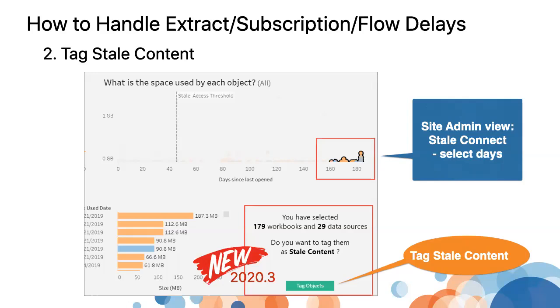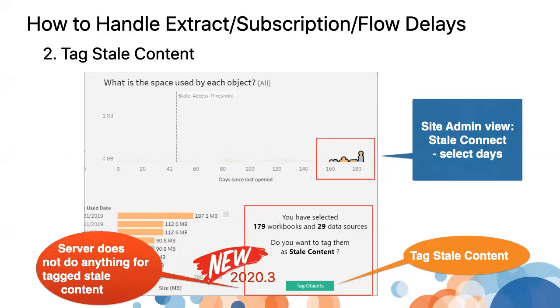You select the days you define as still content, and then it will show you how many workbooks and how many data sources you selected. Do you want to tag them as still content? You can say, yes, of course I tag them. And then you can give a specific tag. By default, it's called still content tag.